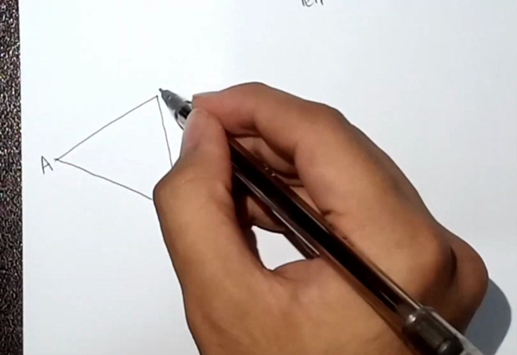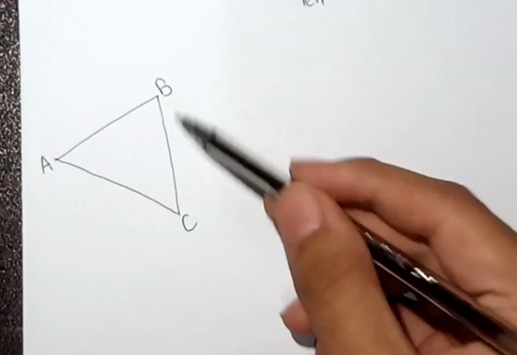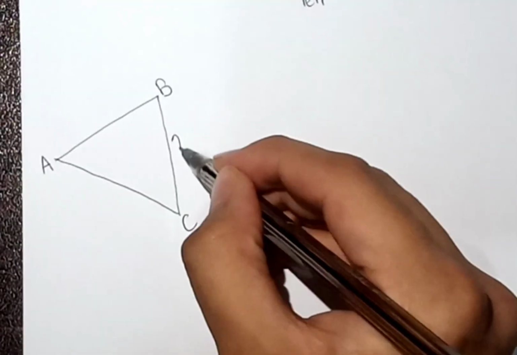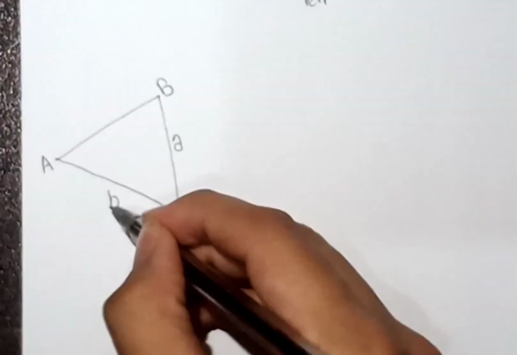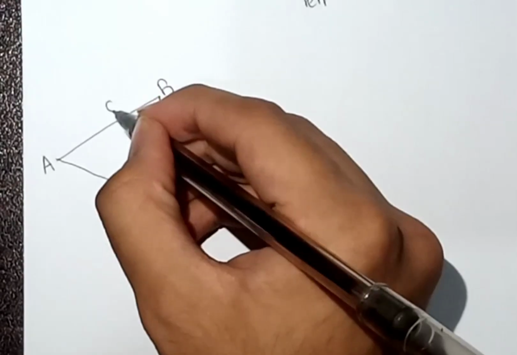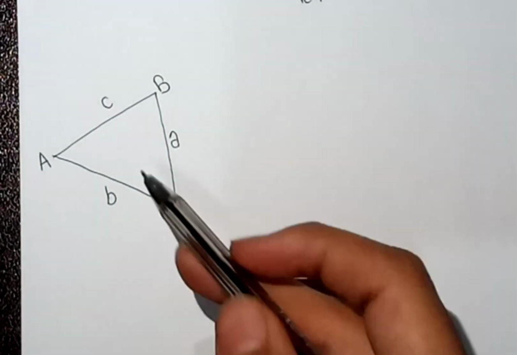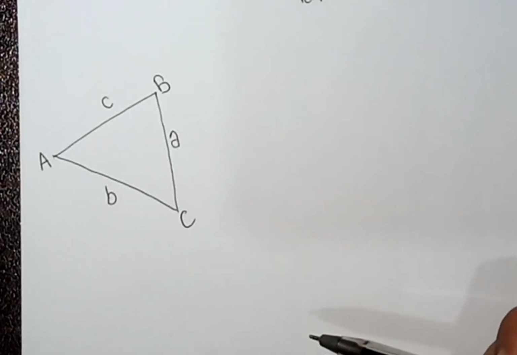Whenever this is angle A, angle B, angle C, the opposite side of angle A is known as A, the opposite side of angle B is known as B, and the opposite side of angle C is known as side C. This is the concept you need to clear. If a complete pair is given, it's a case for the sine rule.